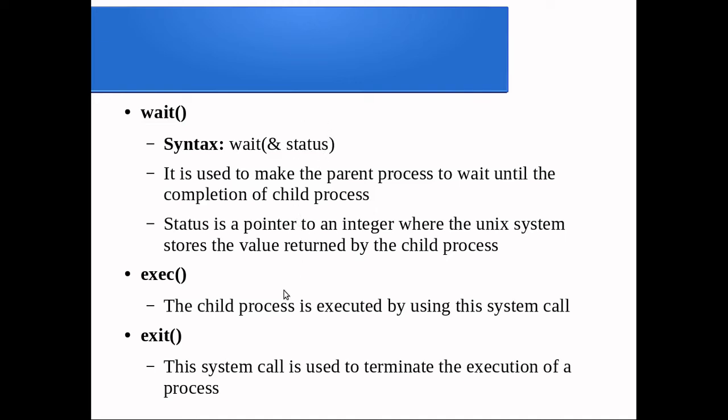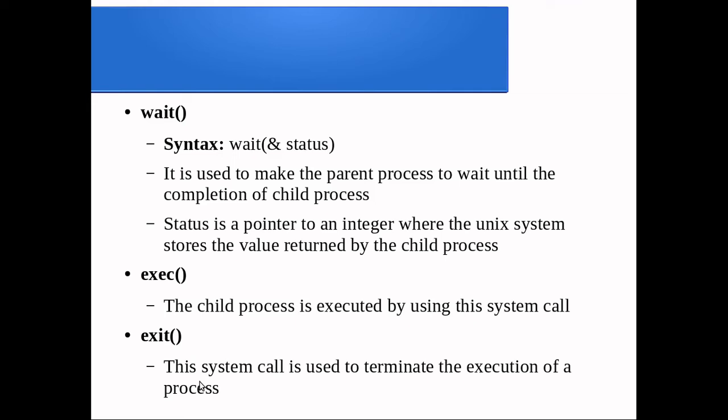Next one is the execute system call. This particular system call is used to execute the particular child process. Then we have the last process related system call, that is the exit system call. Exit means terminate the process. In order to terminate the process, we are using the exit system call.